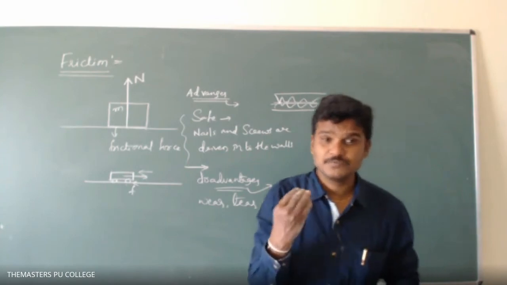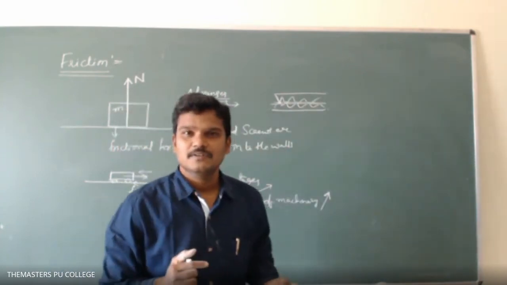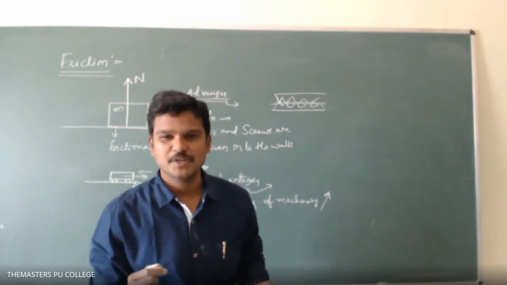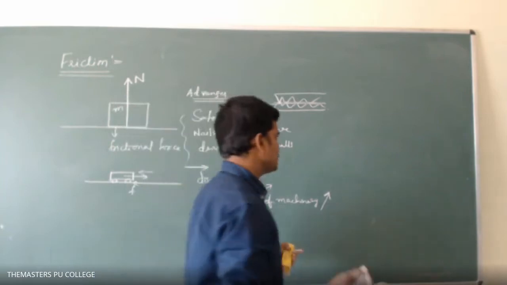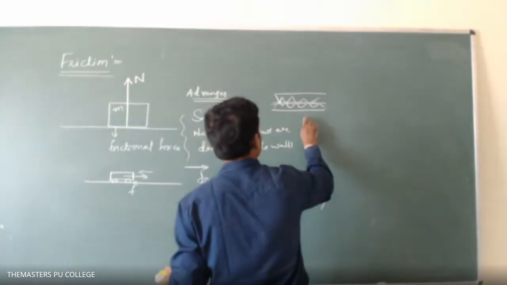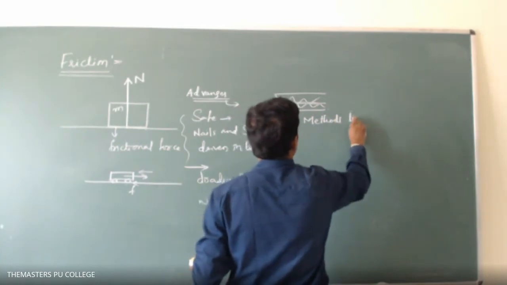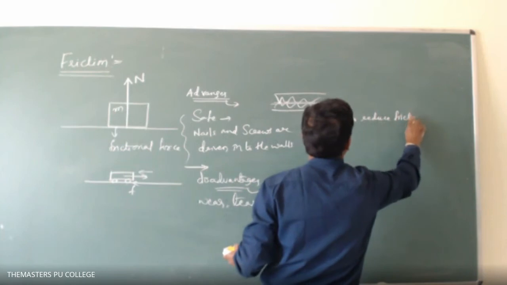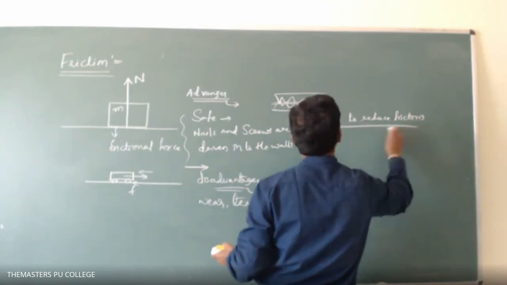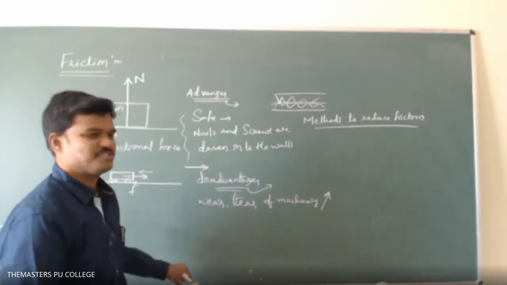Okay, it is impossible to get zero friction, but we can reduce friction to some extent by using some methods. Let us see what the methods are. So, methods to reduce friction. These are very basic things, a basic question.